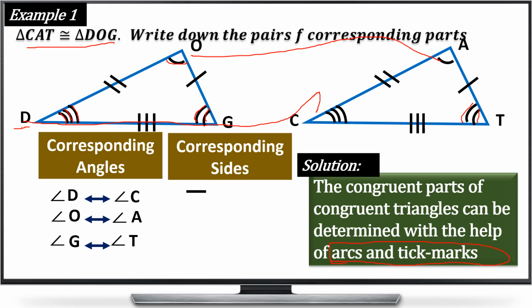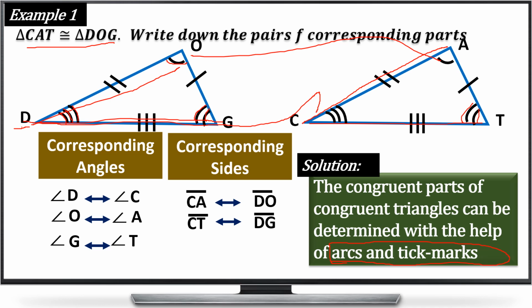How about their corresponding sides? You have line segment CA. Where is that line segment CA? So, ito po. Punta doon. Of course, sa kabila, ganun din po, must correspond to DO. Kasi, same position tayo. Then, line segment CT, ito po yun, must also correspond to line segment DG rather.